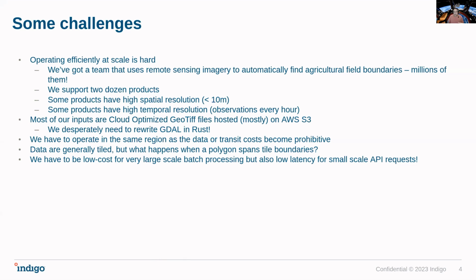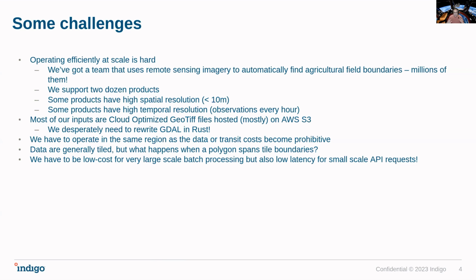So already the numbers start to get big, and we support probably over 24 data products. Some of those products have very high spatial resolution, with less than 10 meter pixels. And some of those products have very high temporal resolution, like hourly weather. So once you start multiplying those numbers out together, you're looking at a lot of data.